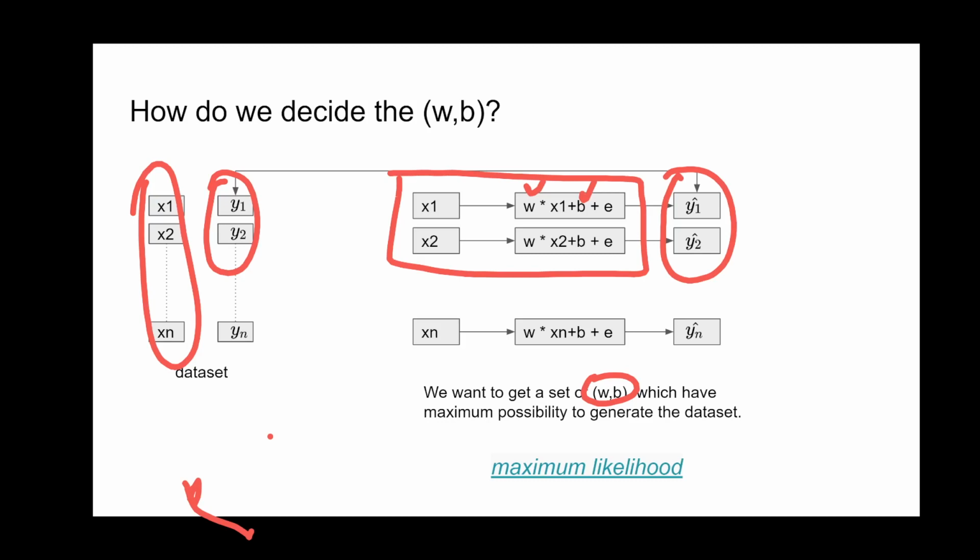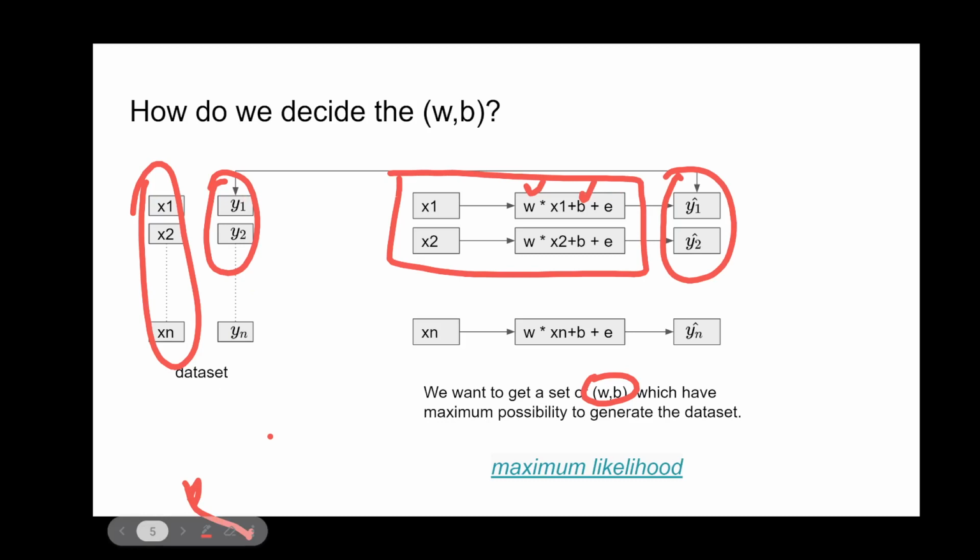But on the other hand, we can look at the same problem in a statistical way. For a statistical way, we will assume that there is some error in the y here.